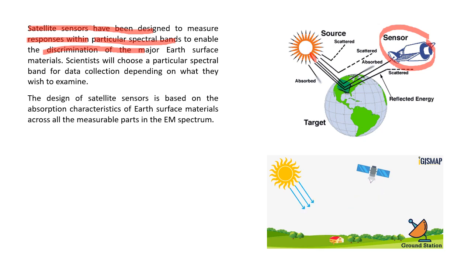All these bands, when they interact with any material on the surface of the Earth, respond differently, and their response is how much energy is being reflected from those materials.